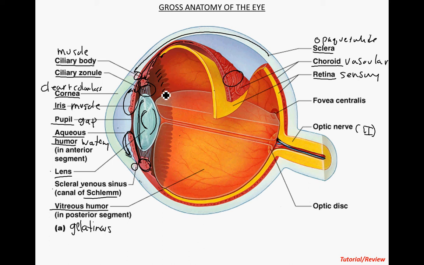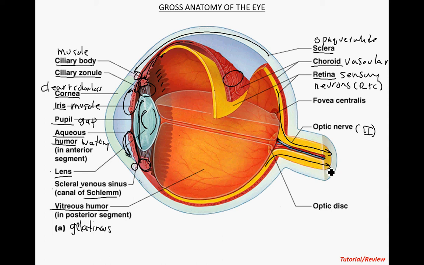But posteriorly and laterally, the retina is full of sensory cells, right? And these are neurons and modified neurons, right? The rods and the cones, and we'll deal with that detail in another screencast. Right? So these are where the cells are that are going to be detecting the light. When they detect the light, they absorb the light. They will then send action potentials down and out the back of the eye, down the optic nerve.